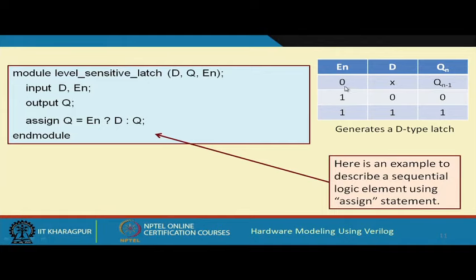When enable is 0, this Q will be selected. D will be do not care, irrespective of D, whatever was the previous value of Q, I denote as Q n minus 1, that will be the new value of Q, which I call Q n. But if enable is 1, then whatever is the value of D, that will be copied to Q. So, this single assign statement will be generating a D type latch.